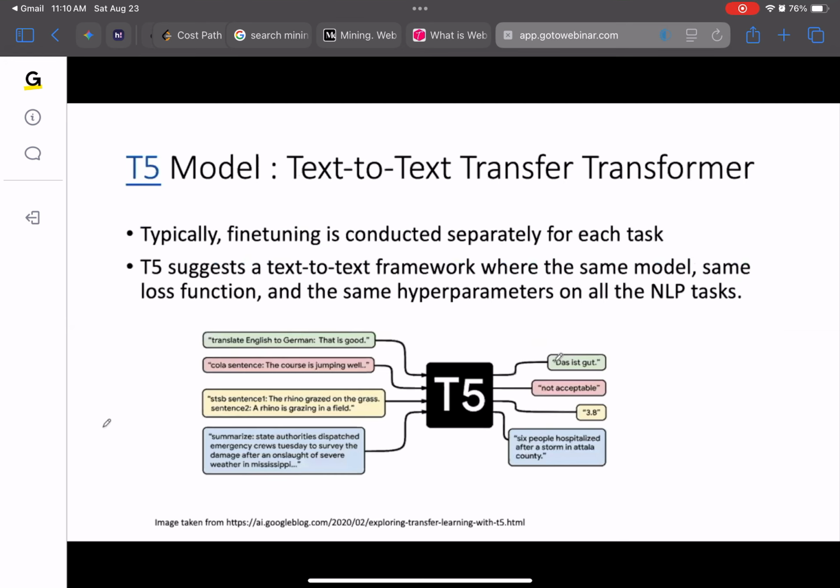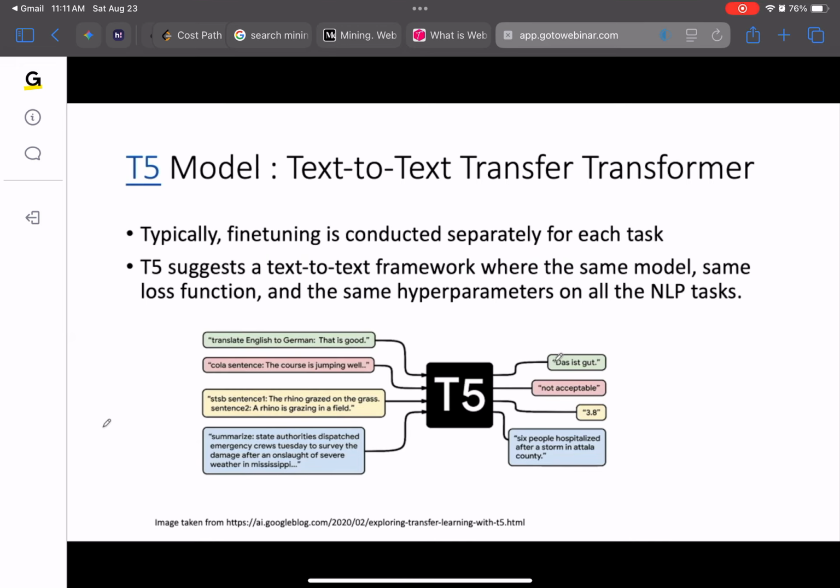Now coming to our last section, it's about the T5 model. The T5 model is a pre-training approach that pre-trains both the encoder and the decoder. Let's consider how exactly this is done.